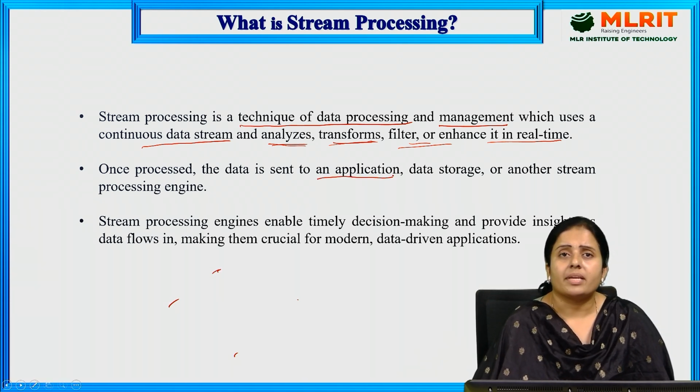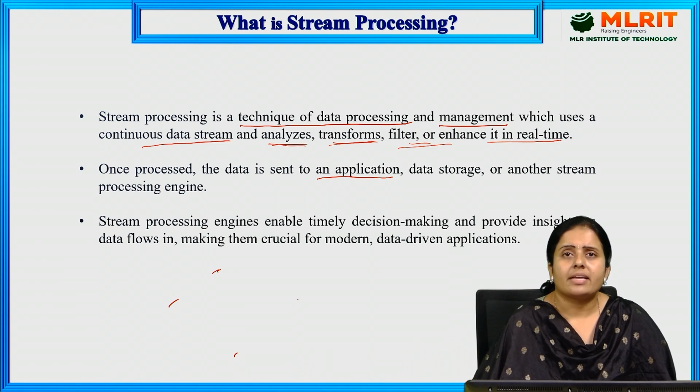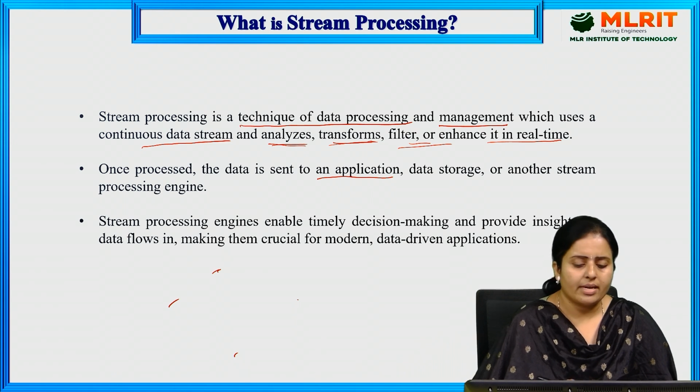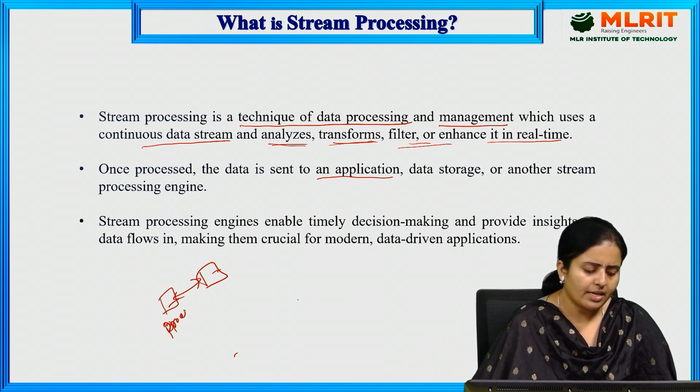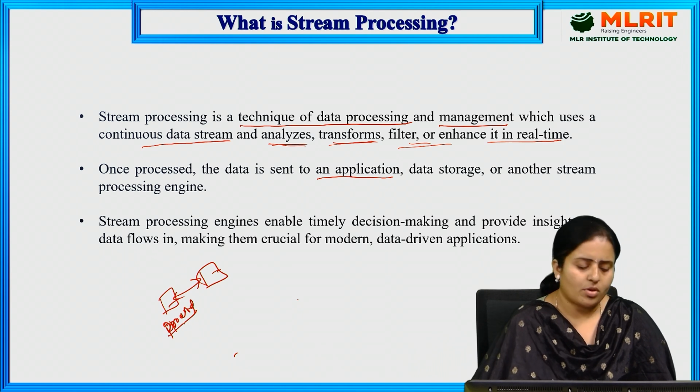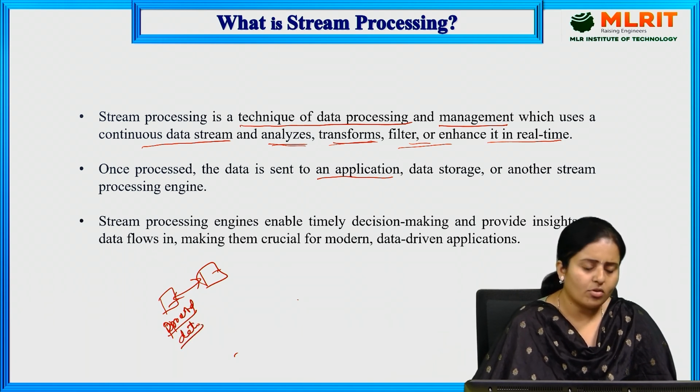What does it mean here? Once the continuous data is analyzed, transformed and filtered, that insight or output can be sent to an application. Suppose there are two types of devices. Here we have collected the data and processed it already. Let us consider this is processed data; we already have the insights.